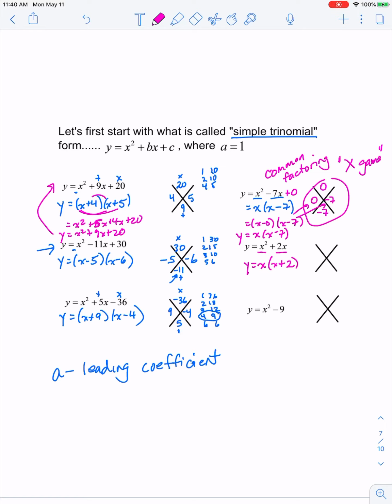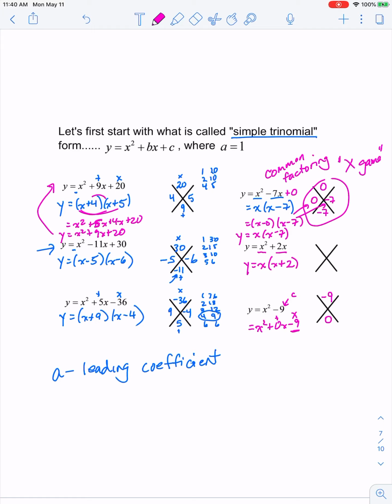And then this last one, it's a little bit special because this time the 9, that's your c value. So the two numbers have to multiply to give you negative 9. Technically, this is x squared plus 0x minus 9. So they have to multiply to give you negative 9, but add to give you 0. Well, what's the only way two numbers can add to give you 0?